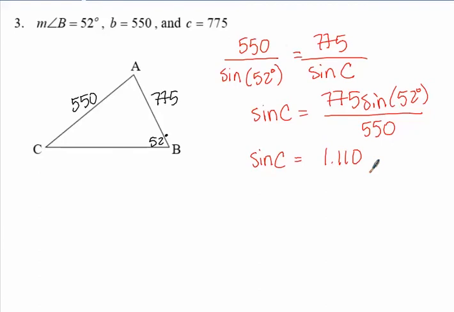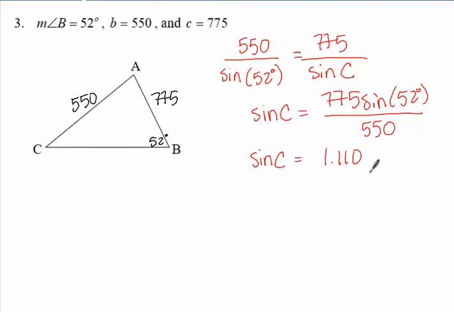Now, those of you who have already learned about the unit circle know that sine can never be greater than 1 or less than -1. So, since we have a number that is larger than 1, there is no angle with this sine value. So, this cannot form a triangle.